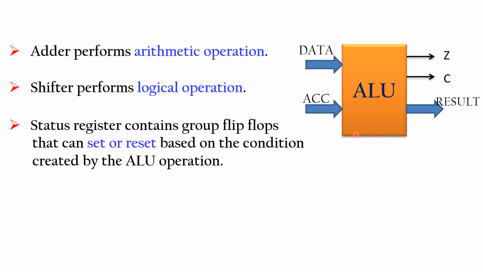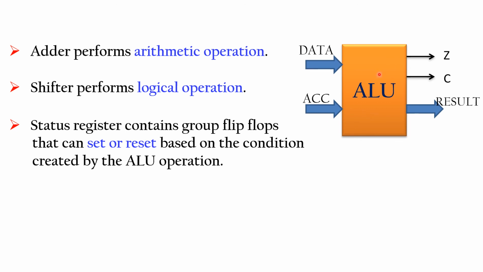The status register, or condition code register, contains a group of flip-flops that can be set and reset based on the condition created by the ALU operation. If we have to perform the addition of two numbers, one data is coming from the temporary register and one data is always stored in the accumulator.